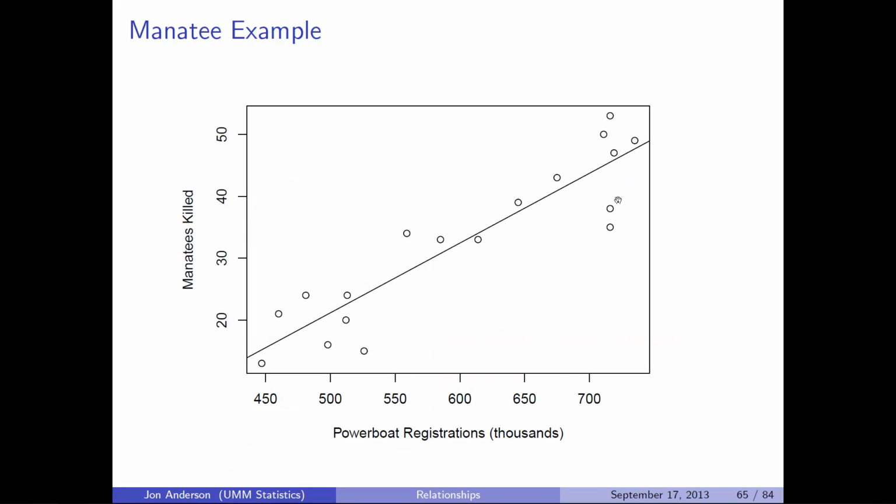Well, the question is, a value like this below the line, is that very much below the line? Because if you're having notably fewer manatee deaths in a year where there were special rules, maybe the rules are helping stop manatee deaths.